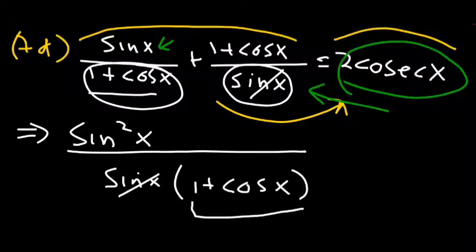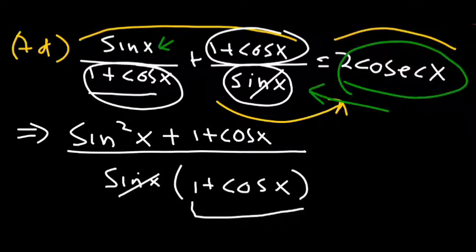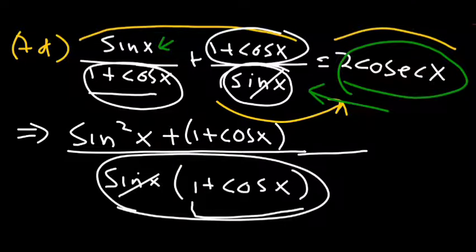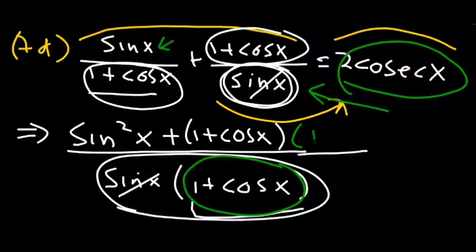So this is equal to 1 plus cos x. So we've got this 1 plus cos x on top there. So 1 plus cos x, and then the denominator divided by sine x is equal to this, okay? So we say times 1 plus cos x.